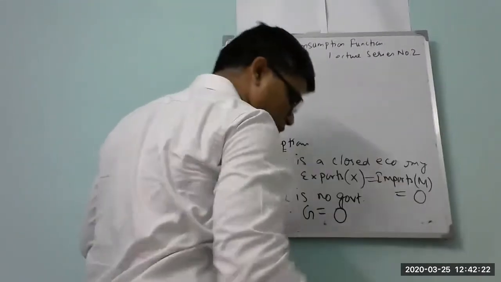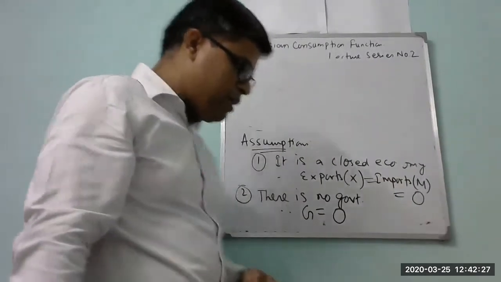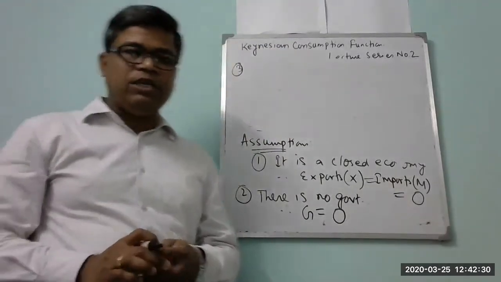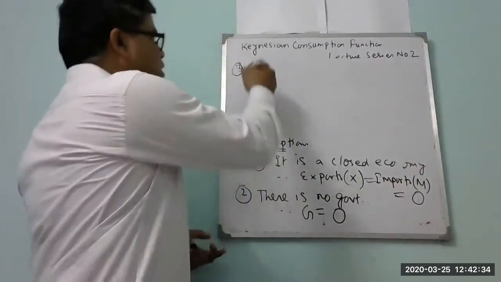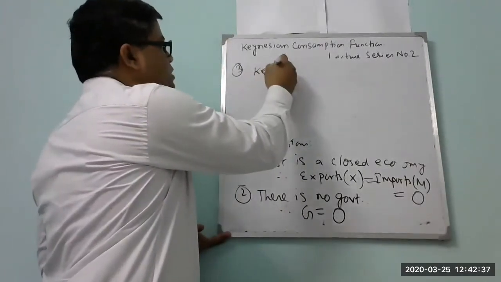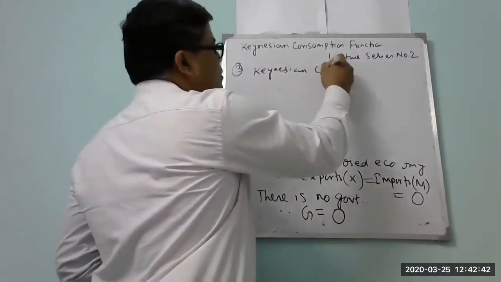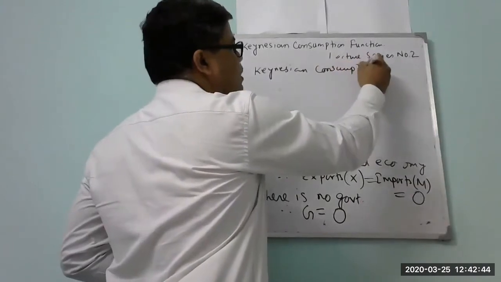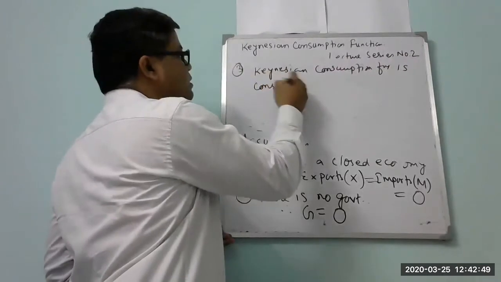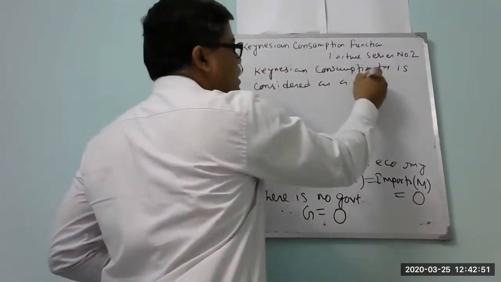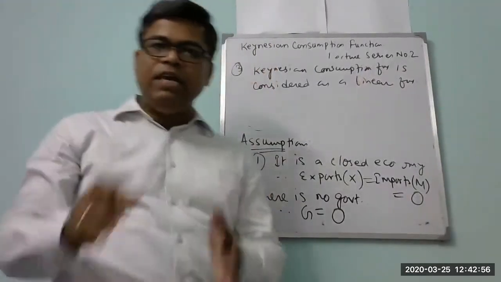Now the third assumption, assumption number 3: the Keynesian consumption function is considered as a linear function.